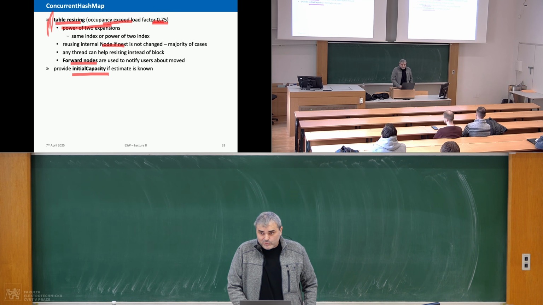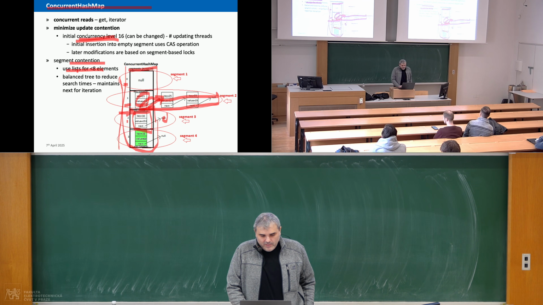So if it is million, you should put there more than a million, because you avoid this expensive table resizing. Moreover, in the case of concurrent hash map, this initial capacity also affects concurrency level. So if you put there million, then for sure there will be far fewer hash code conflicts, collisions.